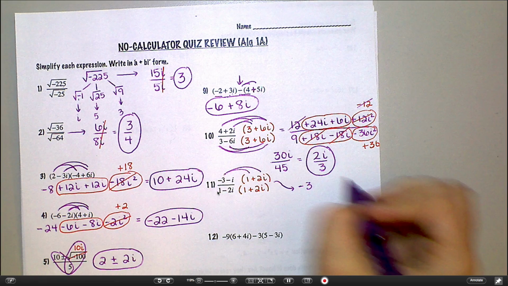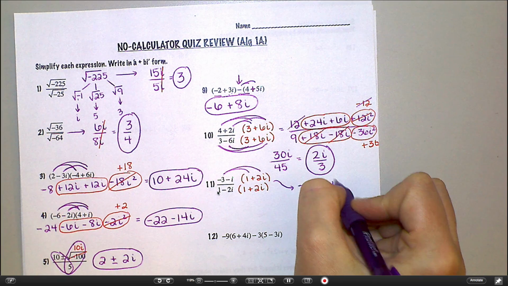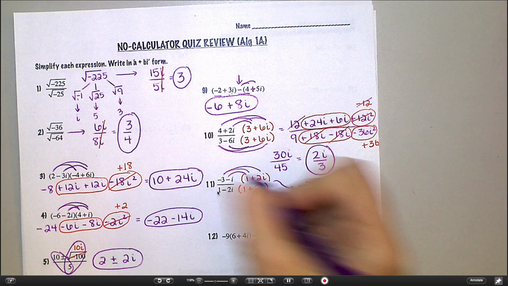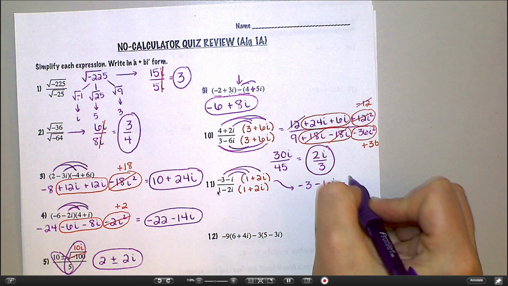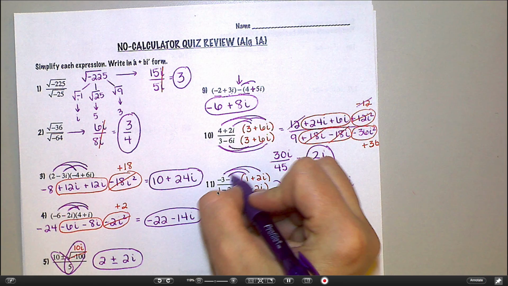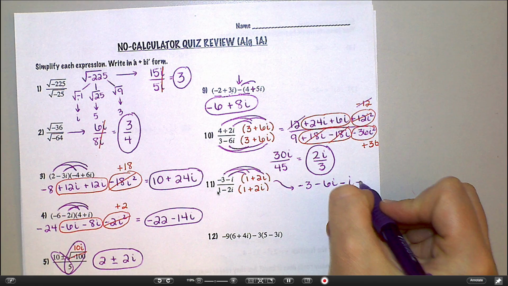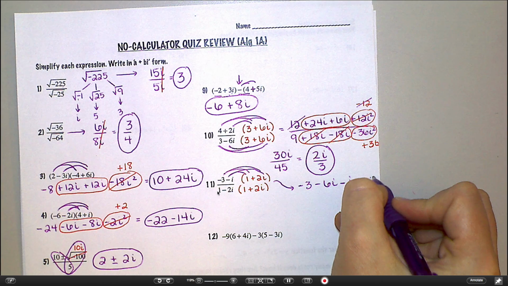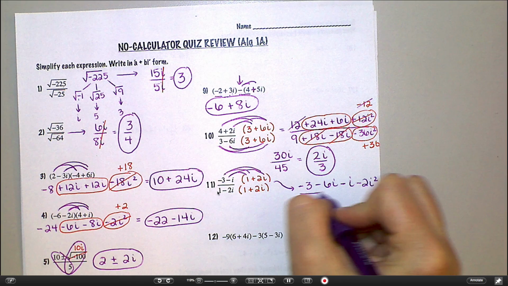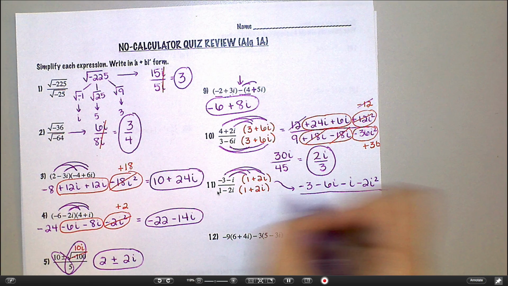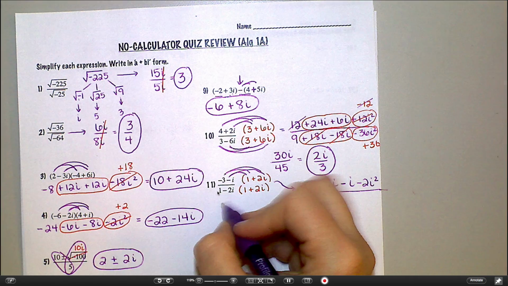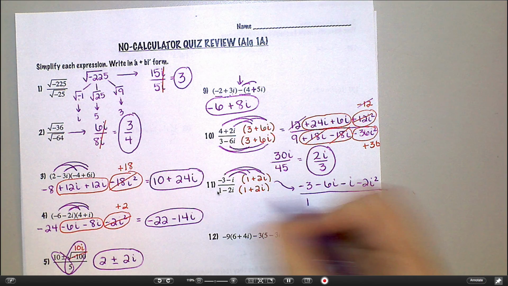Negative 3 times 2i is negative 6i. Negative i times 1 gives me negative 1i. And negative i times 2i gives me negative 2i squared. All over 1 times 1 is 1. This will give me 2i, and this will give me negative 2i.